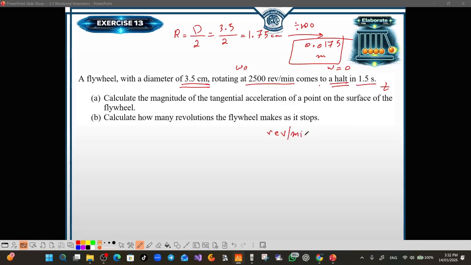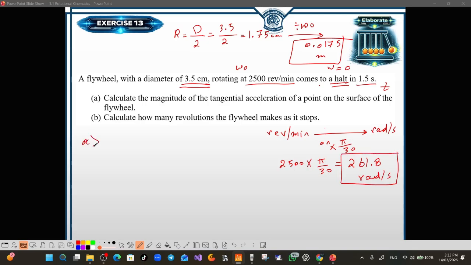To convert from revolution per minute to radian per second, we simply multiply by 2 pi over 60, or we can just write pi over 30 after we simplify this fraction. So I'm going to use pi over 30 instead of 2 pi over 60. 2,500 multiplied by pi over 30, and the omega is 261.8 radian per second.